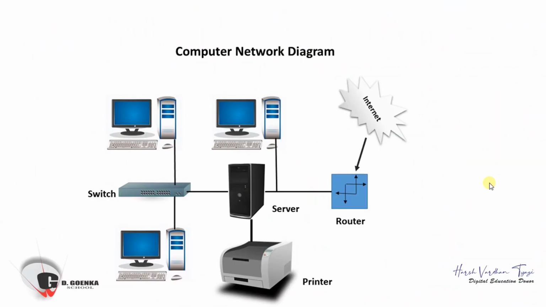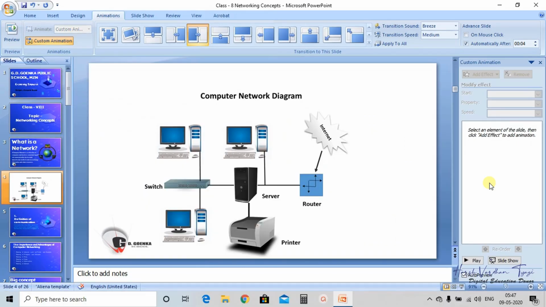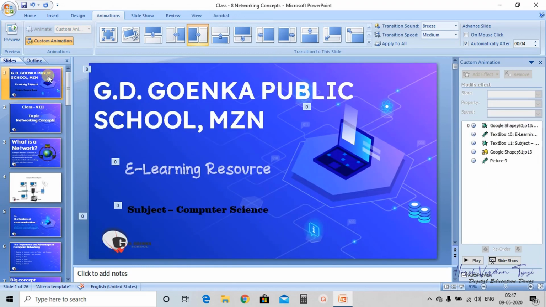Clear? So I hope you have learned how to apply the animation effects and the transition effects in your PowerPoint presentation, on every slide. The difference between animation and transition is, animation means when you give a moving effect on every individual object on your slide, whether it is a text, an image, a shape, whatever it is.